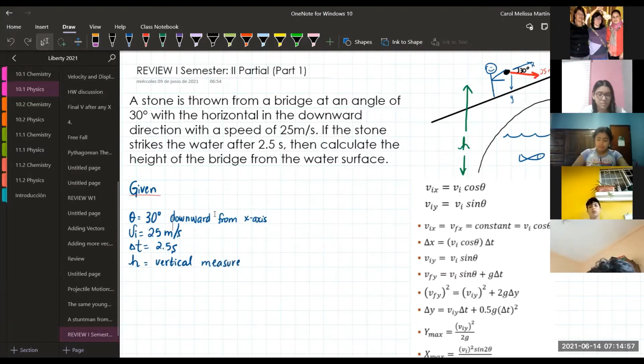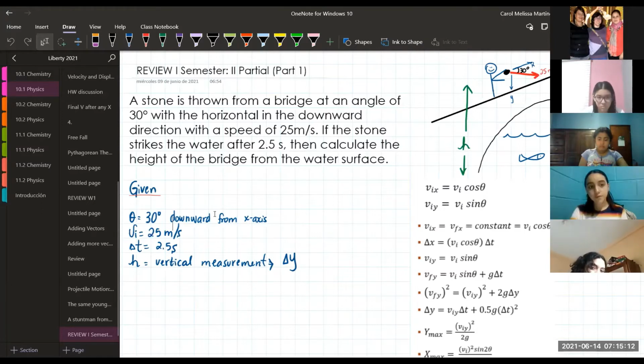In other words, I'm looking for the delta y. What is going to be my change in position vertically? That's everything the problem is giving us, but we can also include gravity. Acceleration due to gravity is negative 9.81 meters per second squared. So this is what we need to look for. Delta y is the unknown. That's the most important thing.